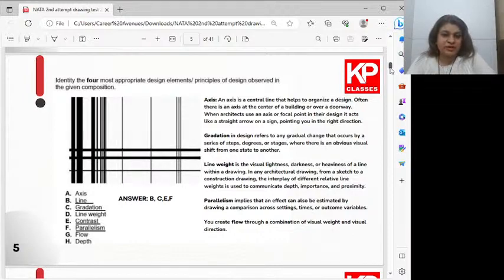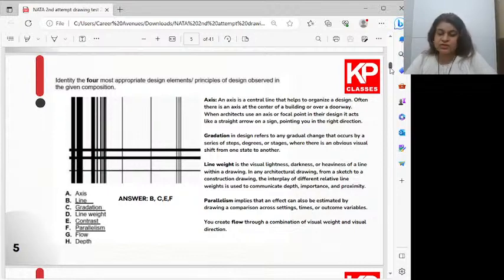Gradation in a design refers to any gradual change that occurs by a series of steps, degrees, or stages where there is an obvious visual shift from one state to another. So gradation, it's gradual, as the name suggests. And yes, we do see that the lines are gradually becoming thinner, right? So it's a very dominant feature in this particular image.